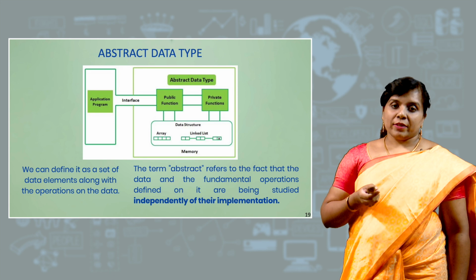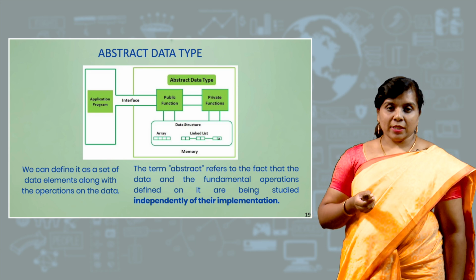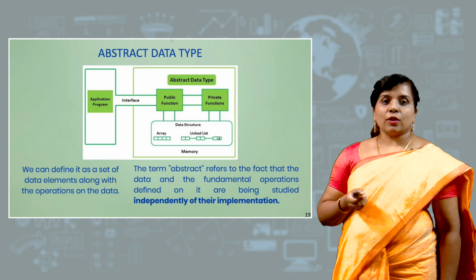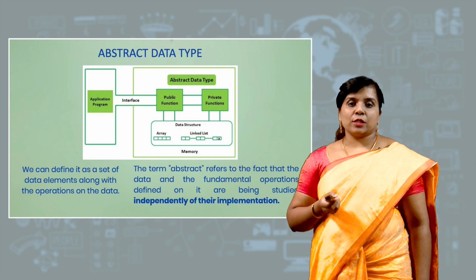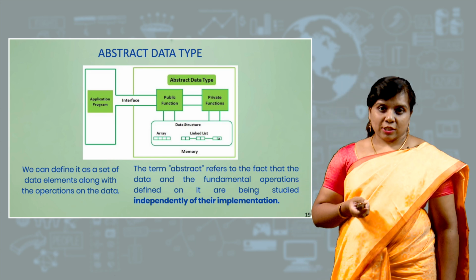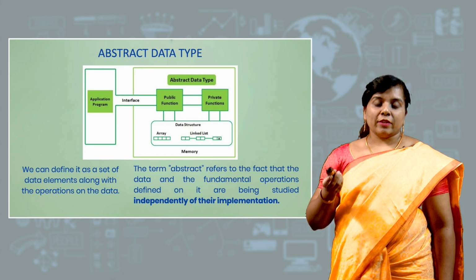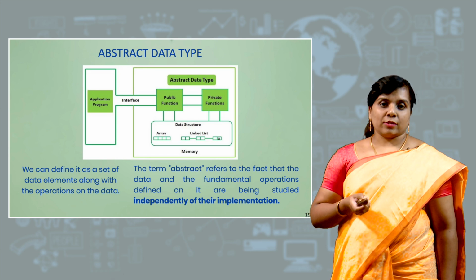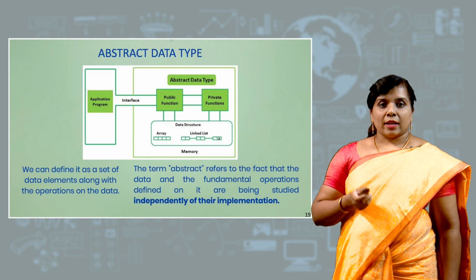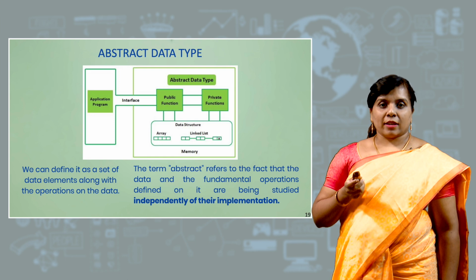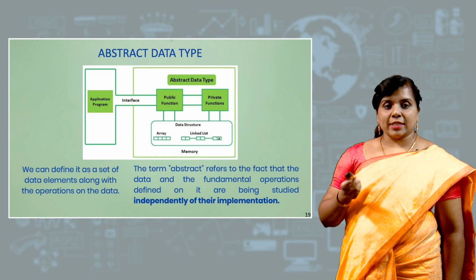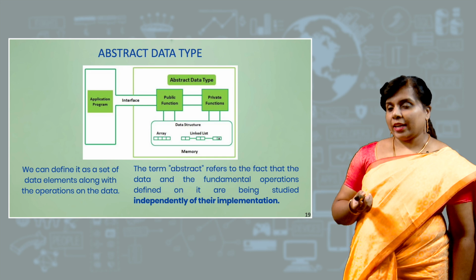For example, if we say array ADT, it means arrays plus all the operations that are permissible on arrays, like insertion, deletion, search, modification of an element, or even deleting an element from an array. So, we say this is abstract data type, or ADT in short, which is array ADT.